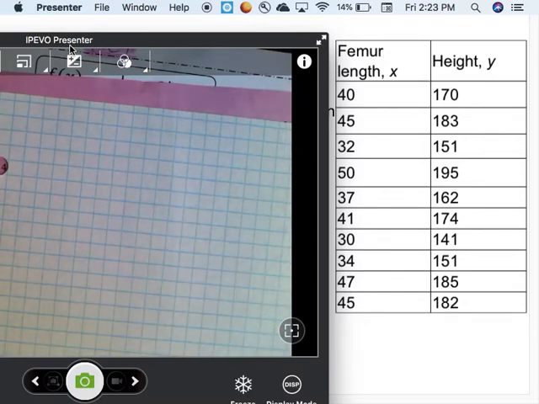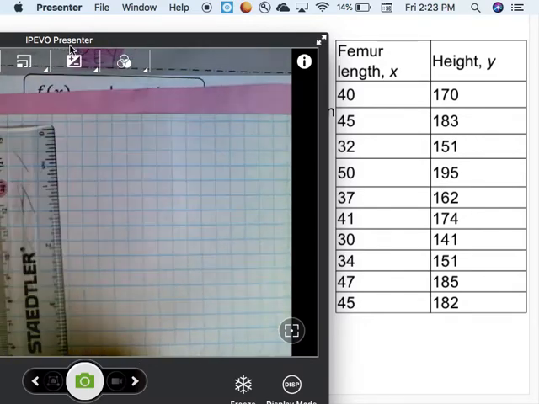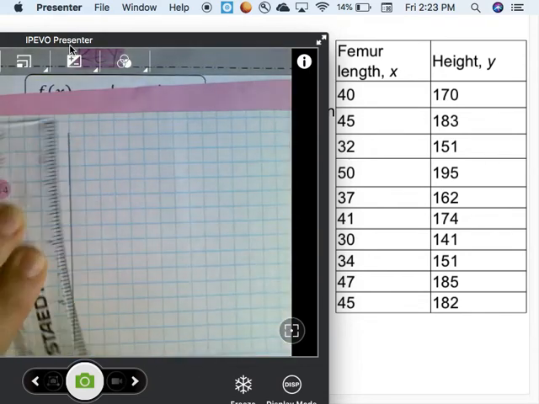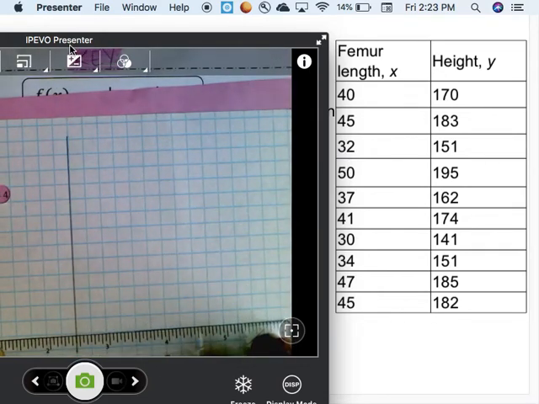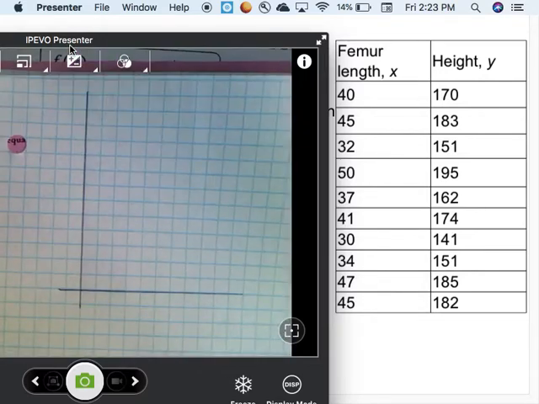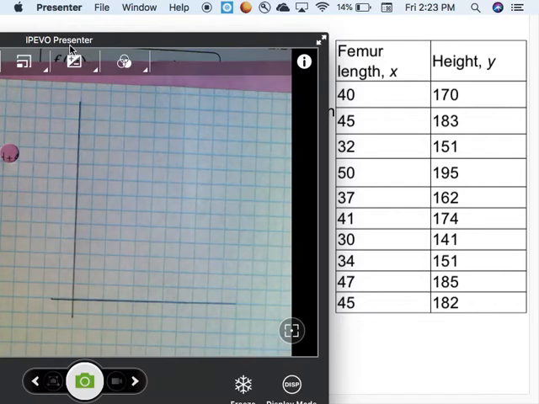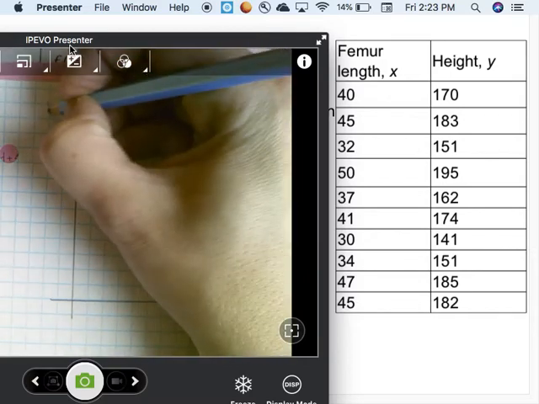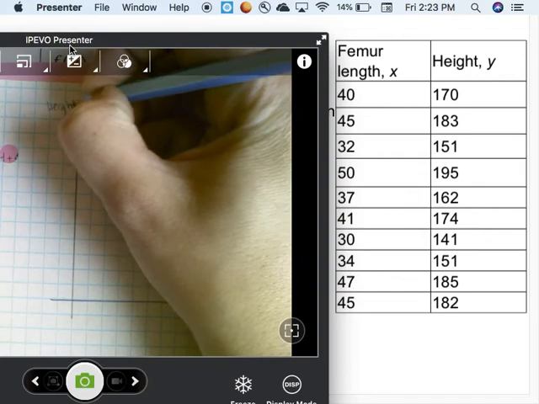Notice that all of my data points are positive, so I'm only going to draw a first quadrant because that's where positive things are. My femur length is X, and my height is Y.